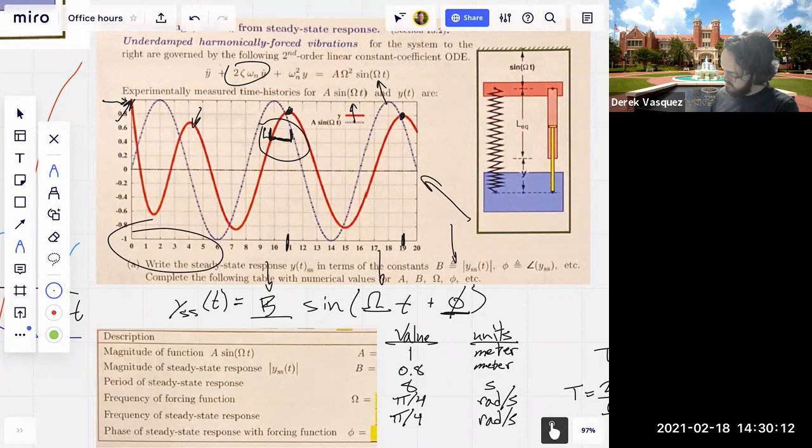Just trying to figure out how we might find out what our zeta is, because we can't see from the graph how much damping there is, right? Because we have a forced response.